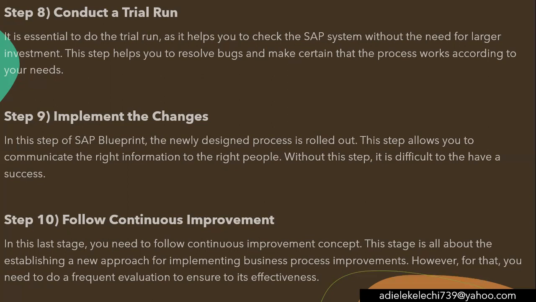Next is follow continuous improvement. This last stage, you need to follow the continuous improvement concept. This stage is all about establishing a new approach for implementing business process improvement.